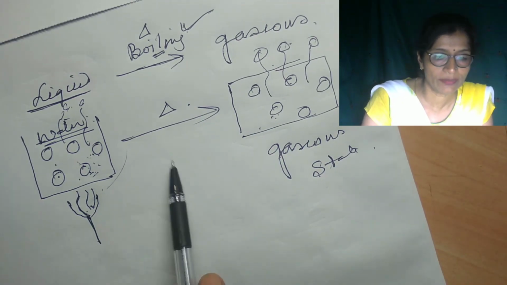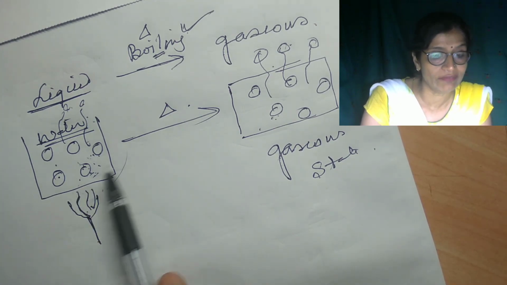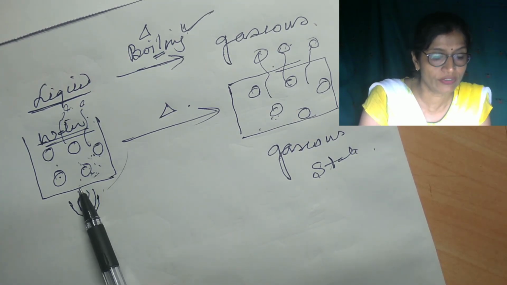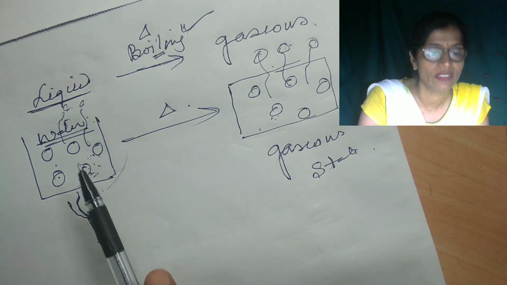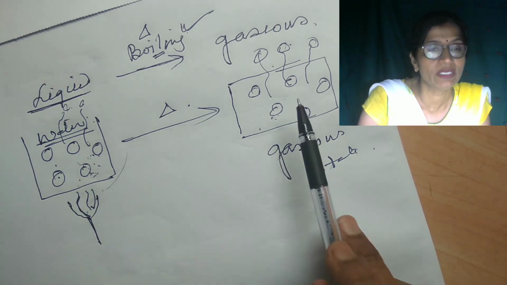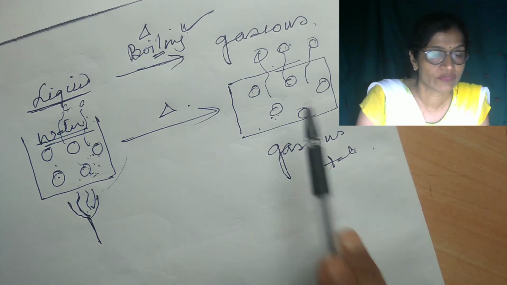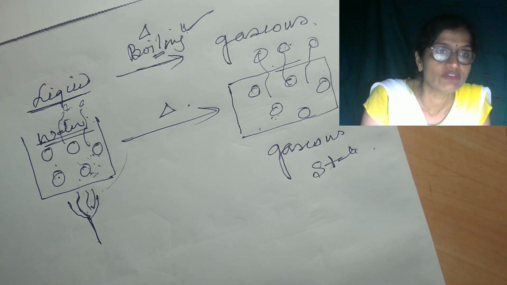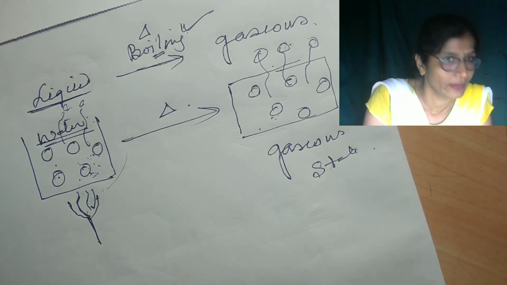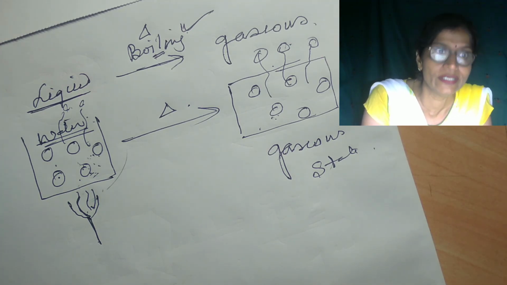The same thing happens if I release the pressure. Suppose a liquid is there; if I release the pressure, the liquid will be converted into the gaseous state. The best example is the LPG. Within the LPG cylinder, the liquefied petroleum gas is in the liquefied state. But when we open the knob of the cylinder, we are releasing the pressure.